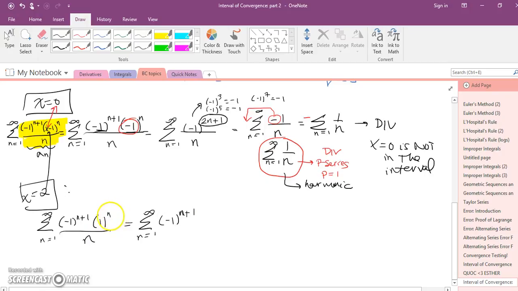Well, 1 to anything is just 1. So now I have this. Okay, this is a sign changer. Because if I plug 1 in, 1 plus 1 is 2. Negative 1 to the second power is 1. If I go to 2, plug 2 in, that'd be negative 1 to the third, which is negative 1. So this is an alternating series.